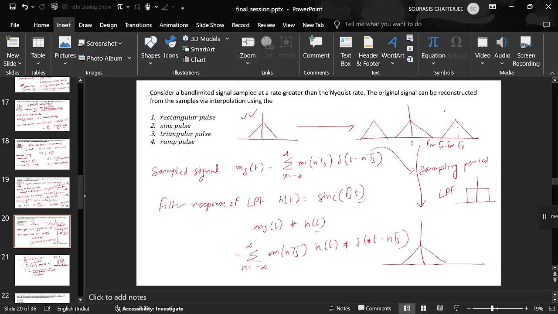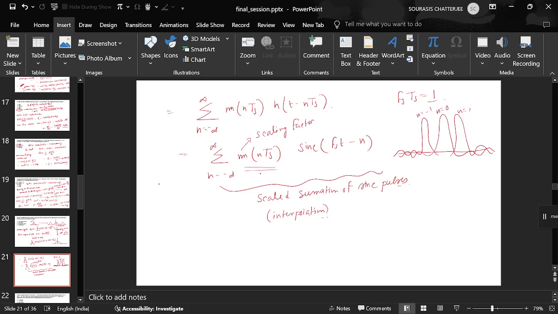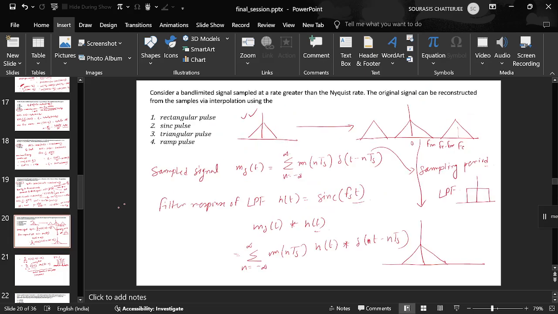So the original signal, which is happening in the frequency domain, is actually reconstructed from these message samples at integer multiples of the sampling period via interpolation using the sinc pulses.